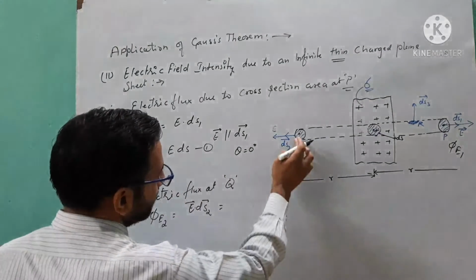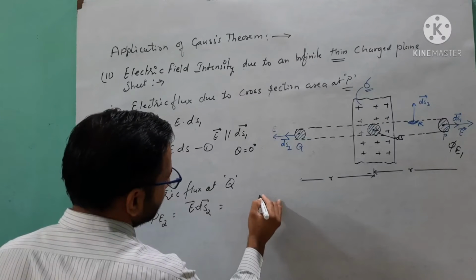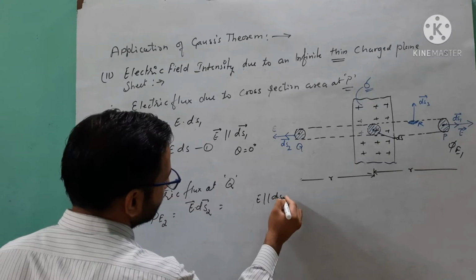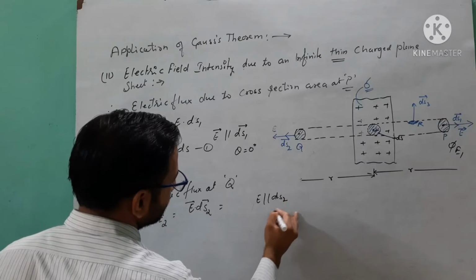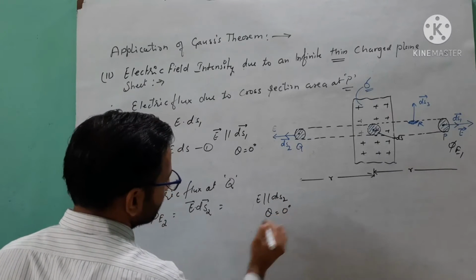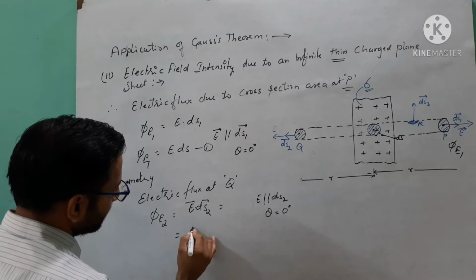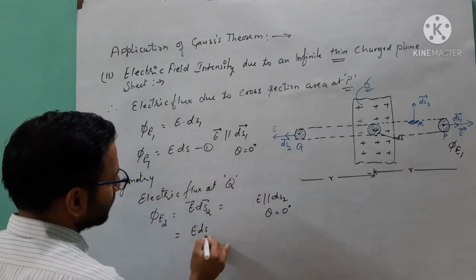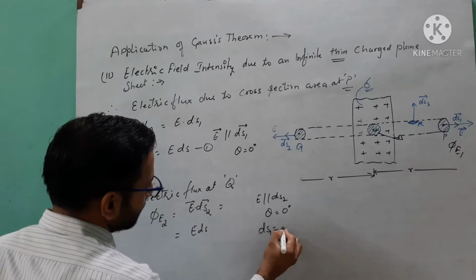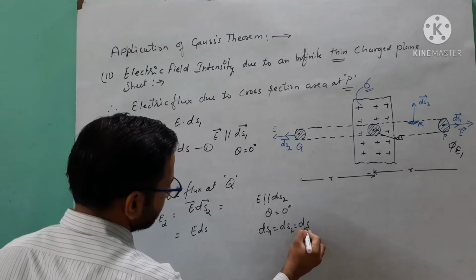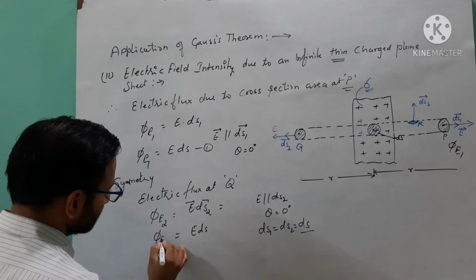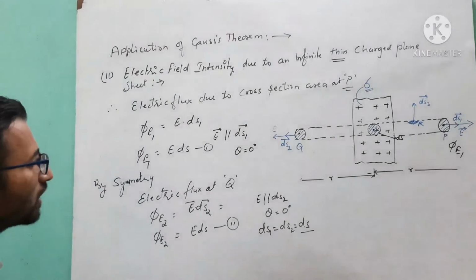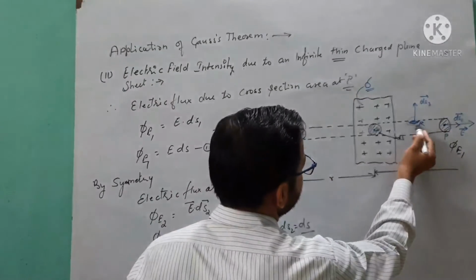So here again they both have same direction, means E is parallel to ds2, so theta is equals to 0 degree once again. So here I will write E ds. Got it? So this is phi E2. This is equation second.